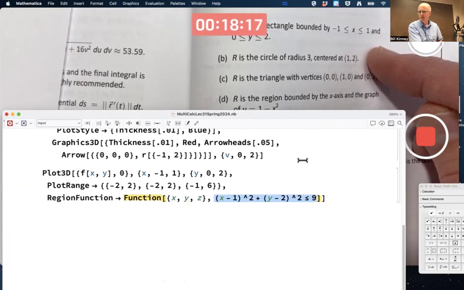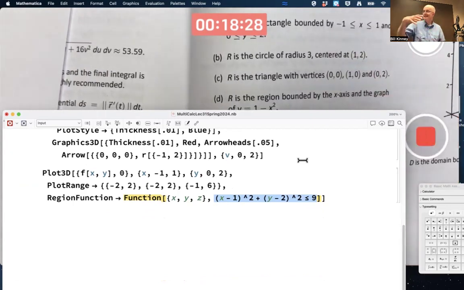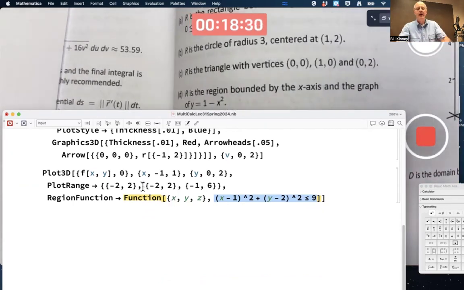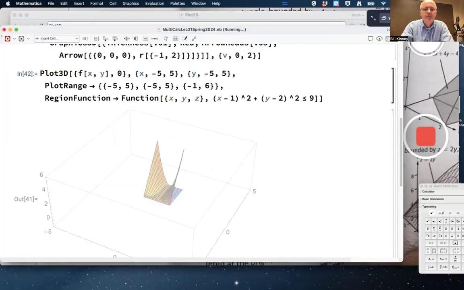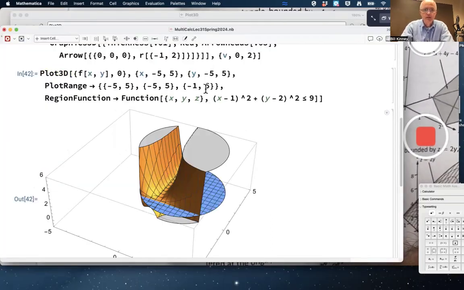(x - 1)^2 + (y - 2)^2 = 9 would be a circle of radius 3 centered at (1, 2). By making it less than or equal to 9, then I've got the disk inside the circle. I better make this bigger though. Okay, that's sort of better. We need more plot range in the vertical direction.